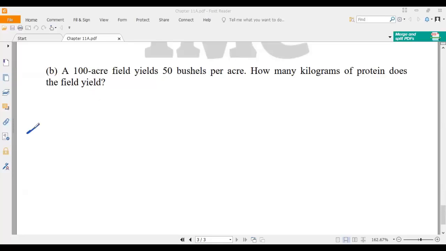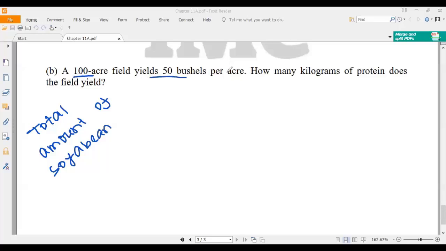So what will be the total amount of soybean we will get from the field? Okay. Just using the unitary method, from 1 acre we can yield 50 bushels of soybean.